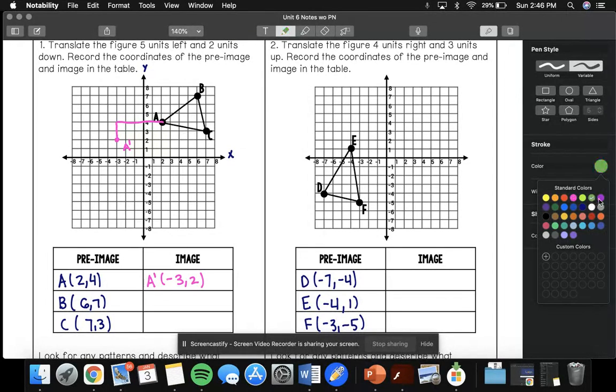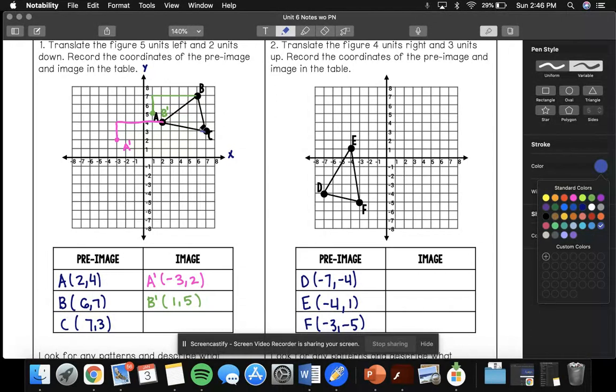Now I'm going to do the same thing with B. B is right here. I'm going to move 5 units to the left and 2 units down. And then I plot my new point, and I have B prime. I've transformed B into B prime. As an ordered pair, it would be 1, 5. Okay. Finally, we have C. We're going to follow the same directions.